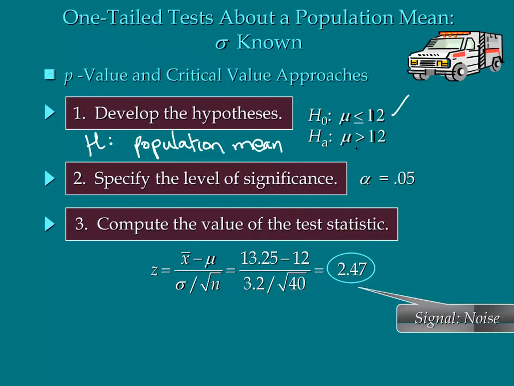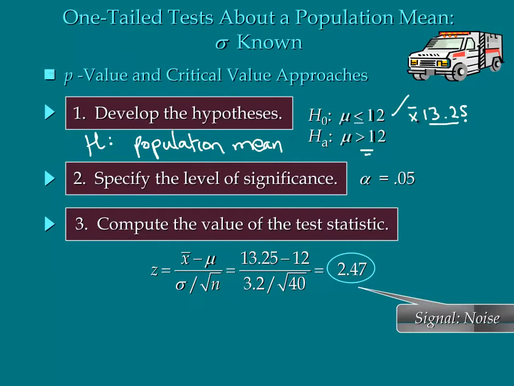The alternative hypothesis is that it's greater than 12. So this is good, this is bad. Essentially, we're going to see whether the evidence supports this null hypothesis. Remember, the sample mean was 13.25. What can we think about the null hypothesis given that the sample mean was 13.25 and the rest of the information?